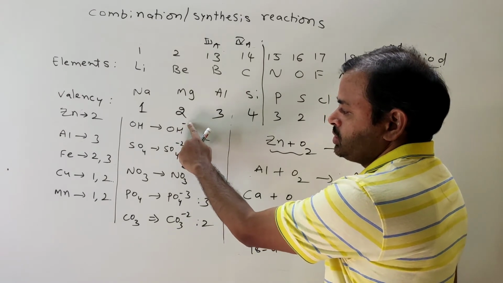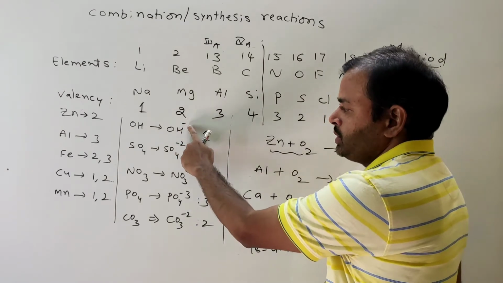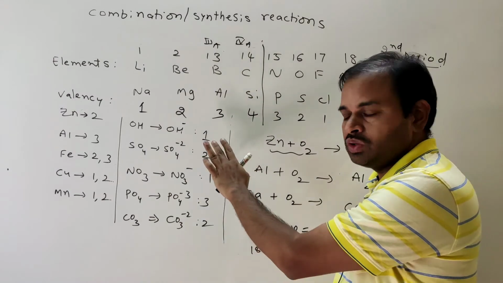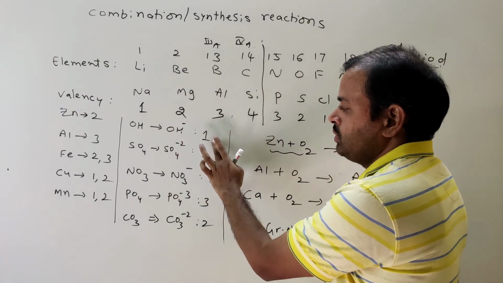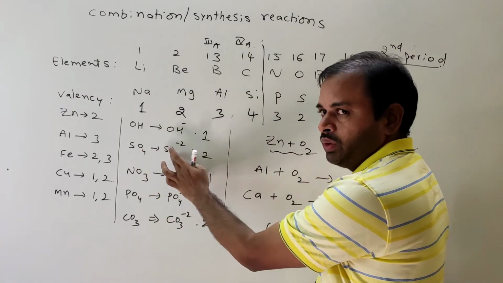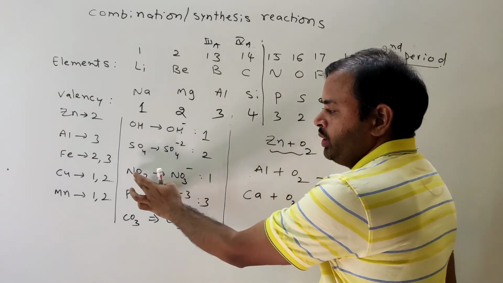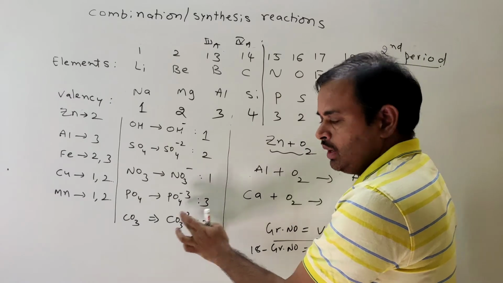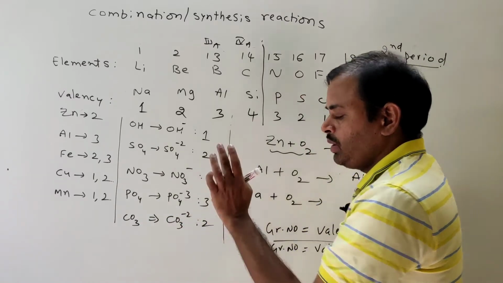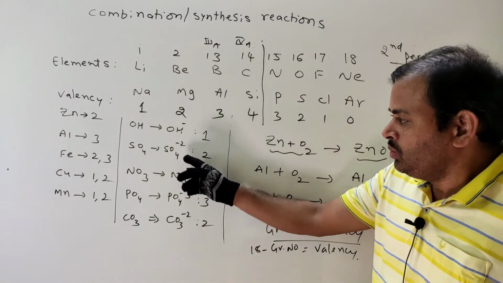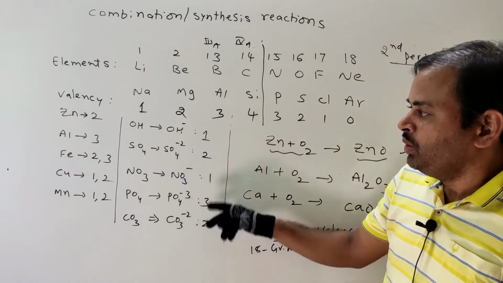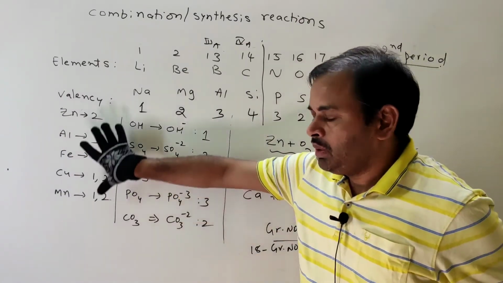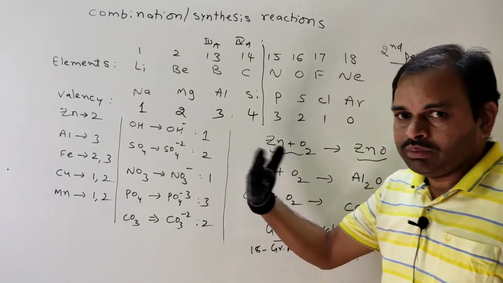The negative charge equals its valency, minus 1, and valency is always a positive number, so here it is 1. SO4 minus 2, valency 2. NO3 minus 1. PO4 minus 3, valency 3. CO3 minus 2, valency 2. How to remember these values, I will explain later.